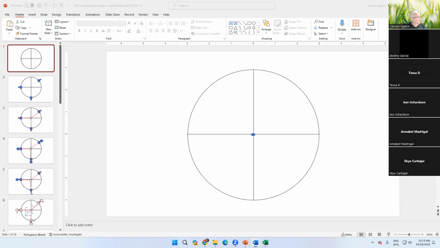Today is 18th, right? I'm looking for something in my notes and I'll get back to you. Okay, the situation is like that. We have a force table, which is just like a protractor type of table.